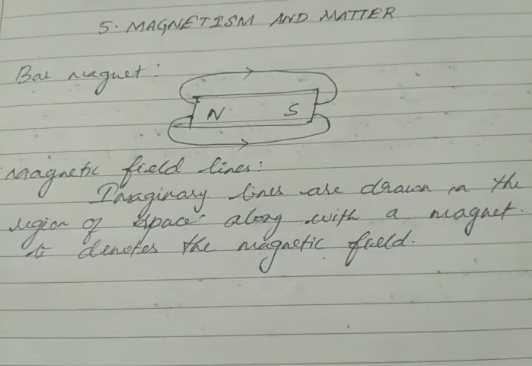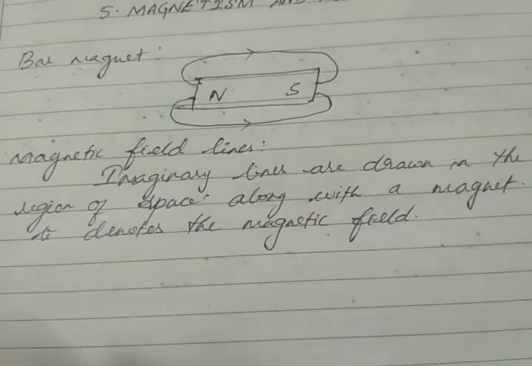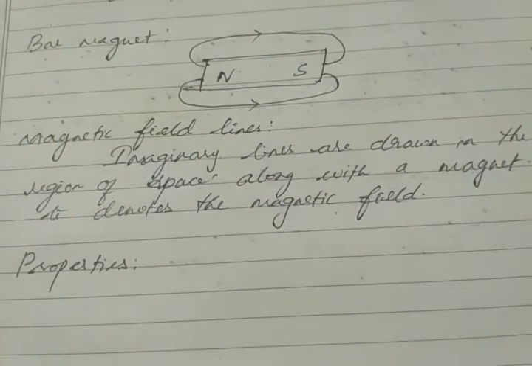So we have some properties of magnetic field lines. You just compare these properties with the properties of electric field lines. In the properties of electric field lines, we studied that electric field lines always start at a positive charge and end at a negative charge, right?